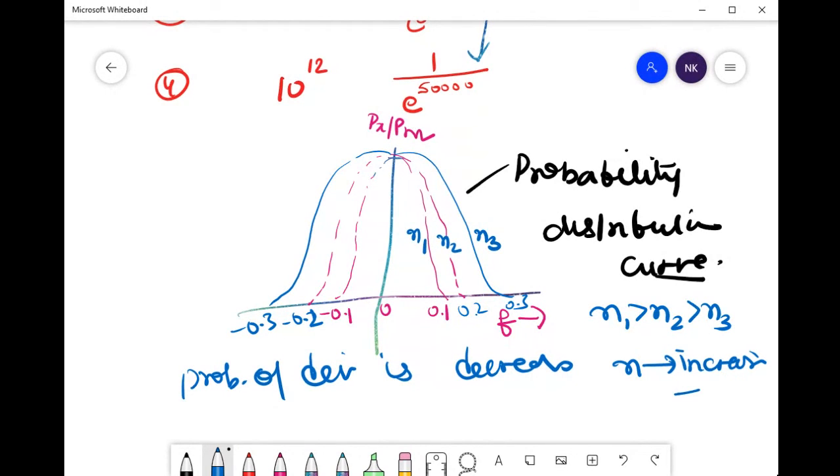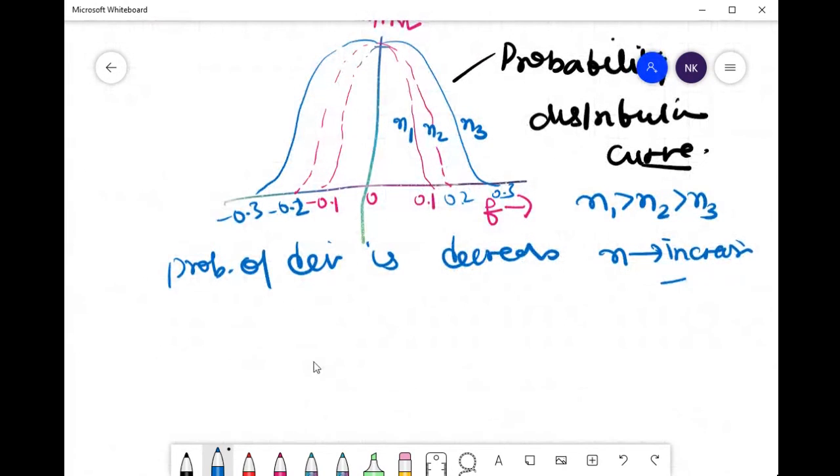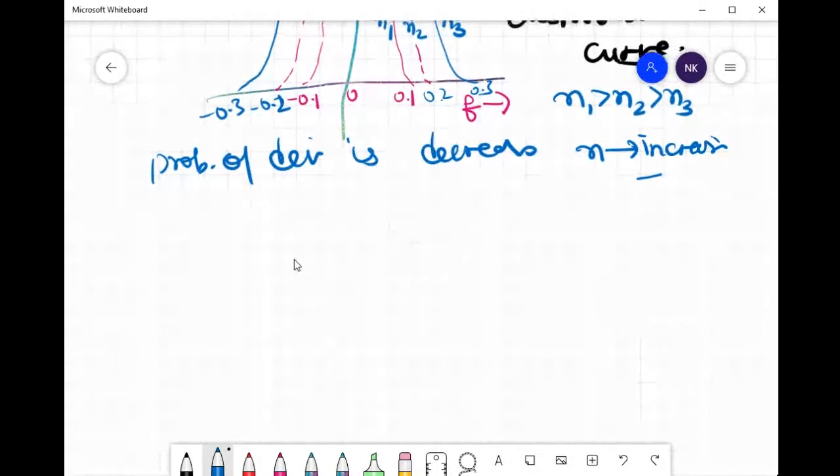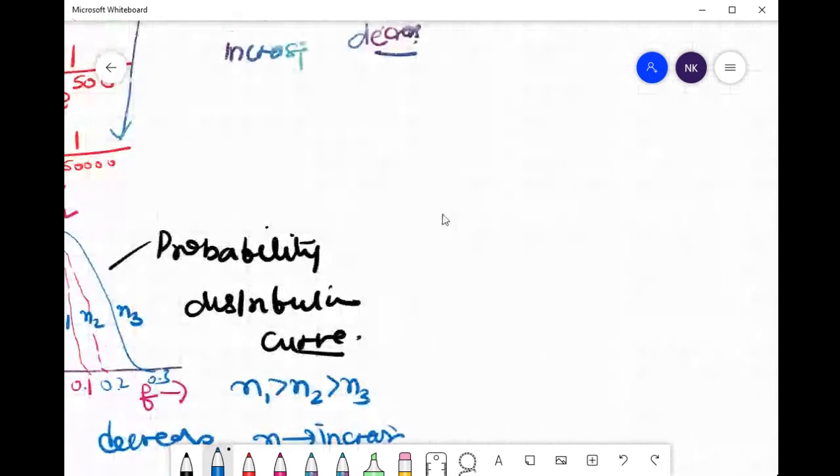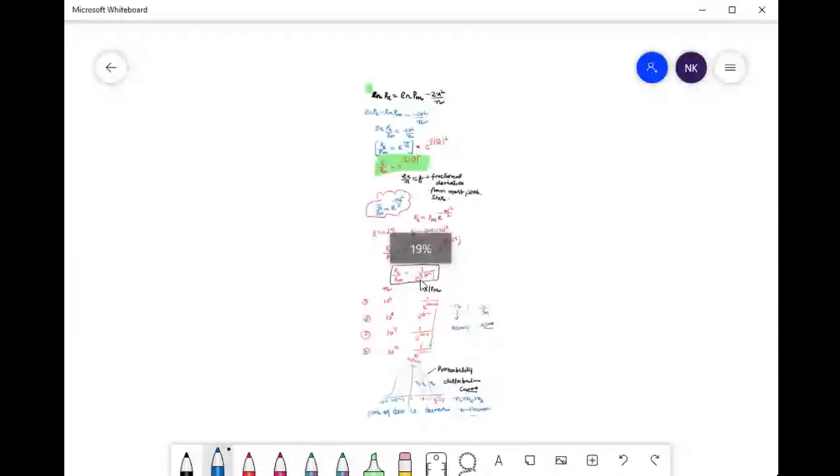So the more particles you have, the lesser the probability of deviation becomes. The fewer particles you have, the more the probability that the result is going to deviate from the most probable state. Whereas if you go on increasing the number of particles, the distribution is going to have less deviation.